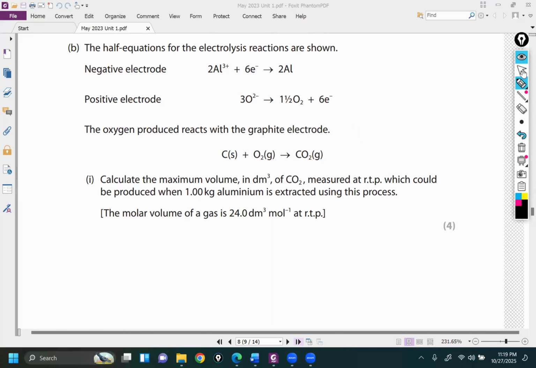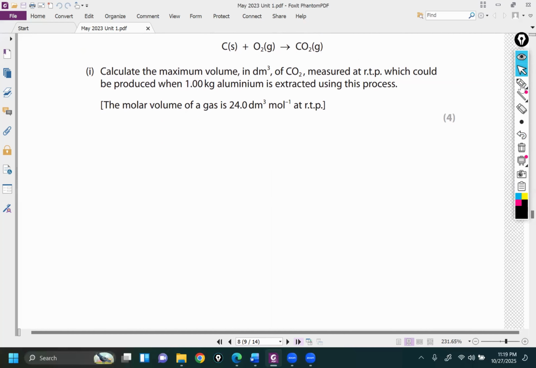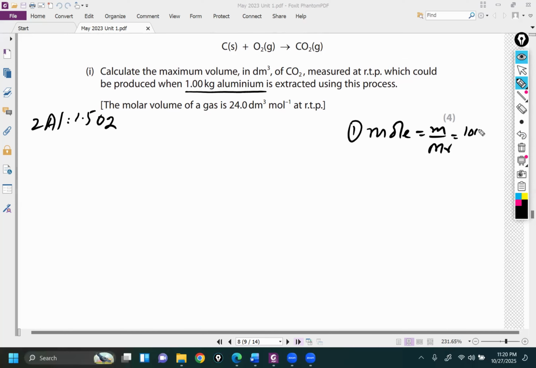So let's come to the question. As I told you, the ratio between the aluminum and the oxygen was 2 and 1.5. But we will start with this 1 kilogram of aluminum, or 1000 grams. So the number of moles of aluminum, again, is mass over Mr. So this is 1000 grams divided by 27.